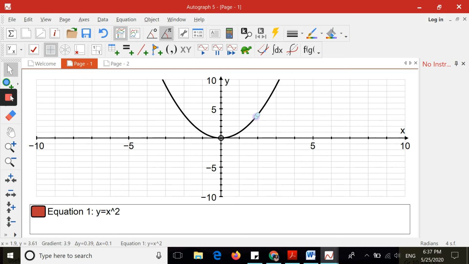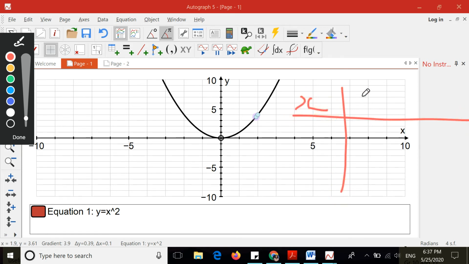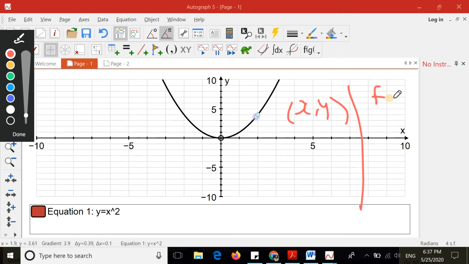So I'm going to do the recording one more time. Let me write down here. This is what I want you to do. So x comma y, use brackets here, and then you have f dash x. For 2 comma 4, and how did we get 2 comma 4?